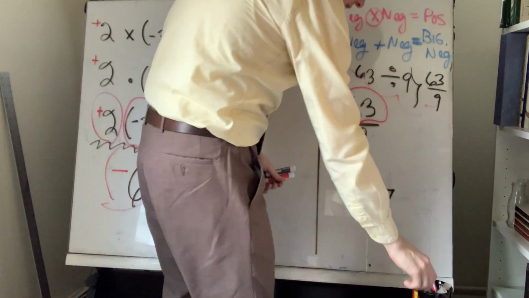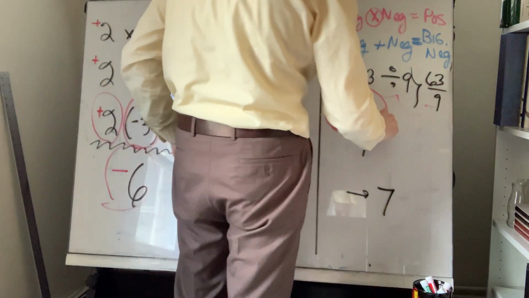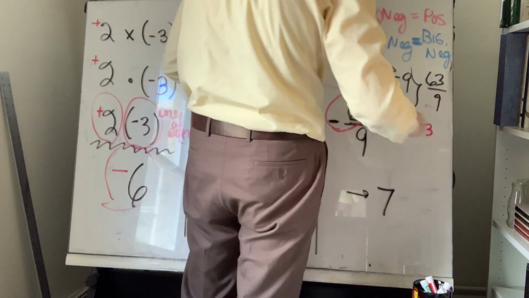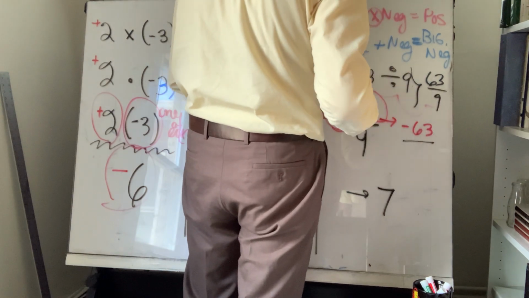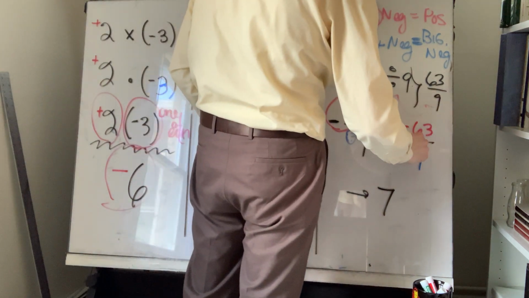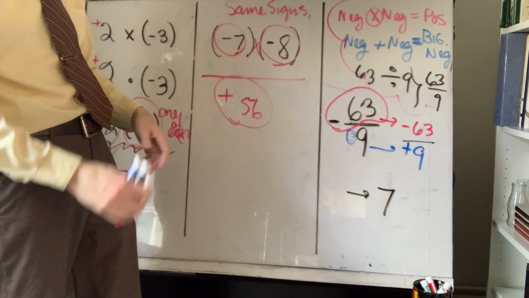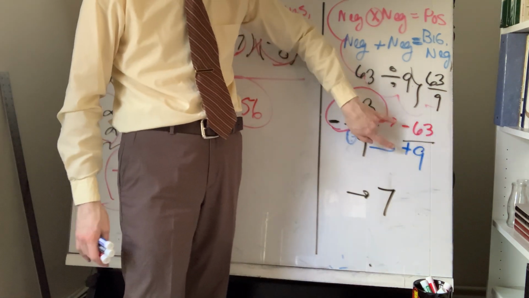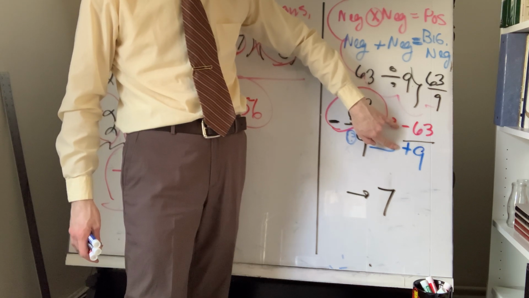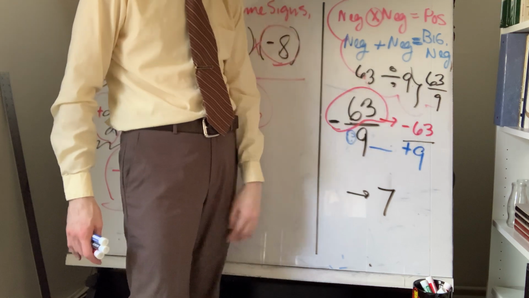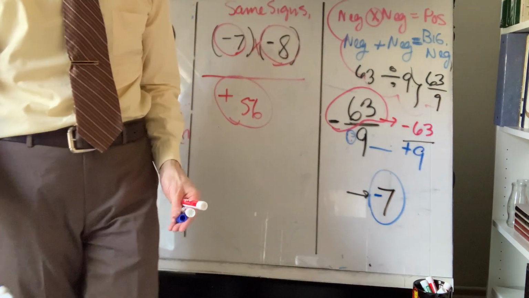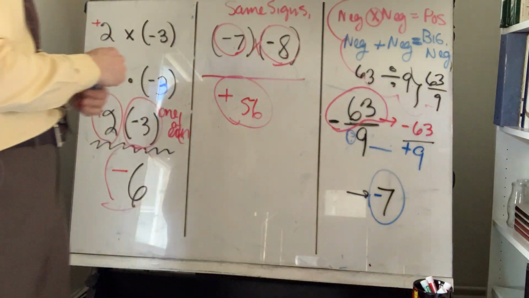And what that would mean then is that this is really negative 63 sitting on top of 9. But what would the sign of 9 have to be at that point? It would have to be positive, really. The only reason I would belabor this point, again, is to apply the rules. Do you have one of each, or do you have both the same signs in this case? It's actually one of each, which means that the answer is going to be negative 7. Okay? So beware of that.